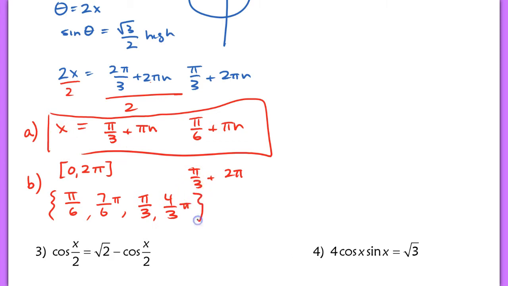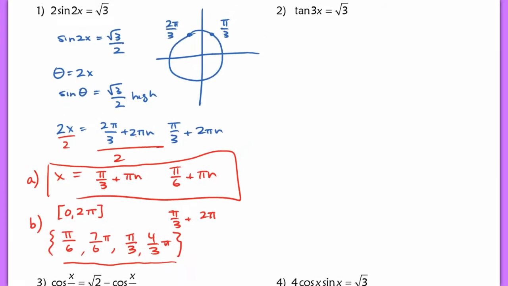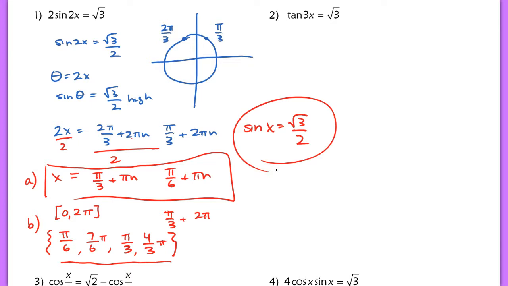So here are the solutions. So you have 4 solutions now, as opposed to just the 2 that we would get if we were just solving the equation, the sine of x equaling root 3 over 2. Okay, so that would give us 2 solutions in the interval 0 to 2 pi, but this sine of 2x equaling root 3 over 2 gives us 4 unique solutions that fall within our interval.